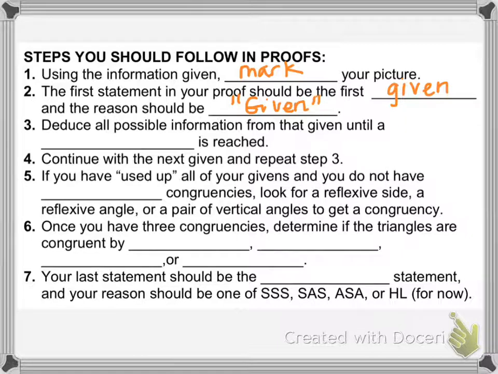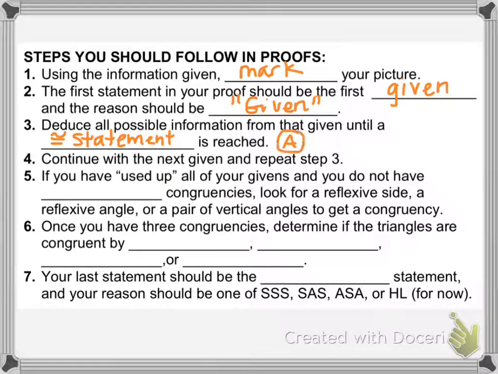Then from that one given, step 3, we're going to deduce all the possible information from that given until we can make a congruent statement. So the congruent statements we're looking for are those S's and A's that we talked about last time, okay?